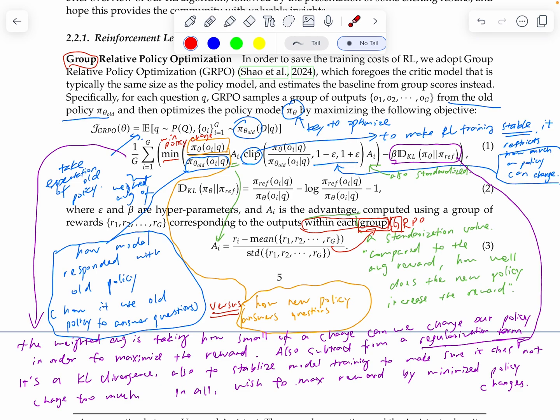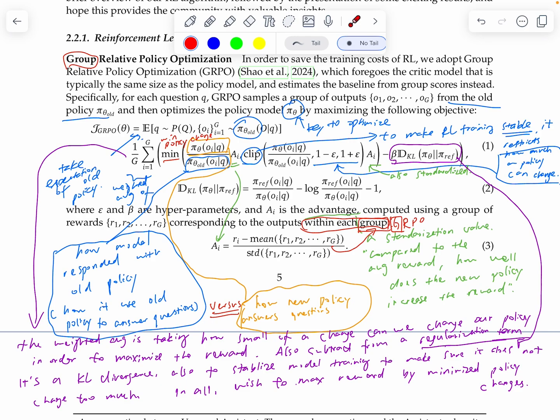We do not want the policy to change too much when we're training the model. We just want the policy to change slightly and increase the reward slightly. That's our goal here.